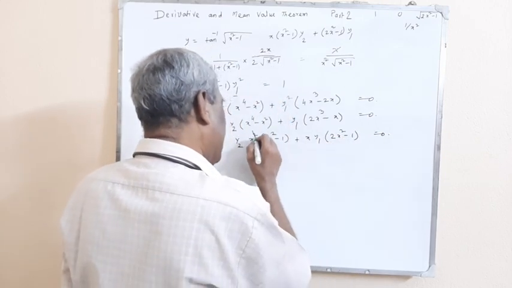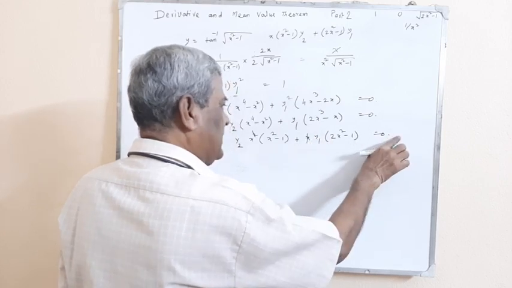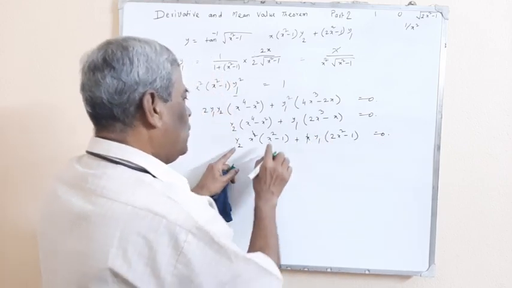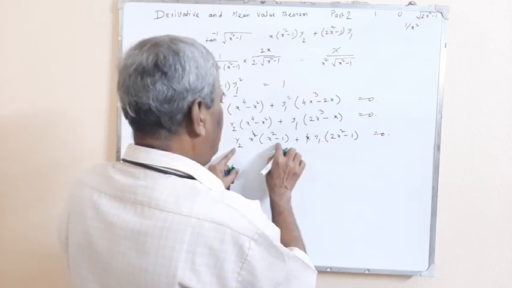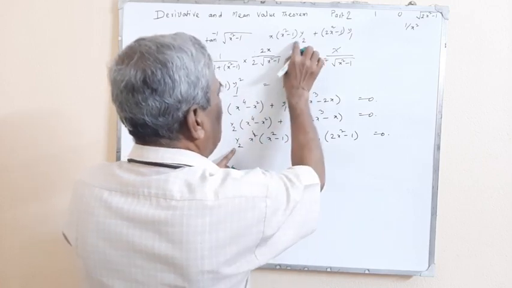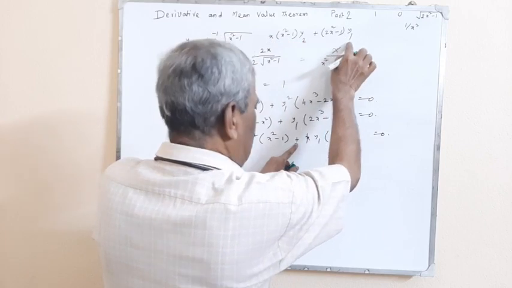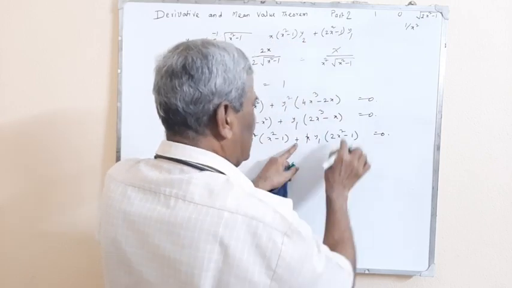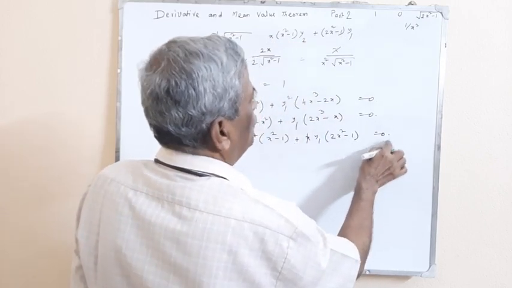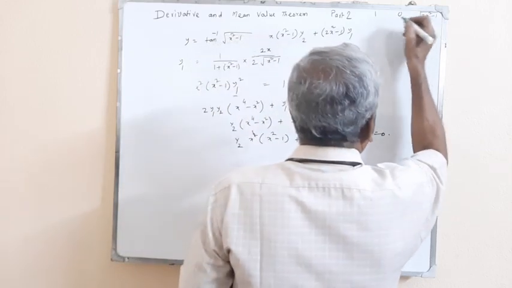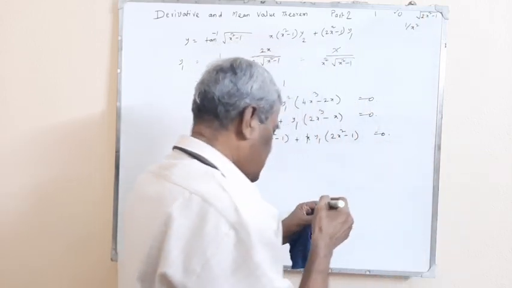Now cancelling x from both sides, we get y2 into x square minus 1 into x plus y1 into 2x square minus 1 that is equal to 0. So we get the answer, and our correct answer is 0.